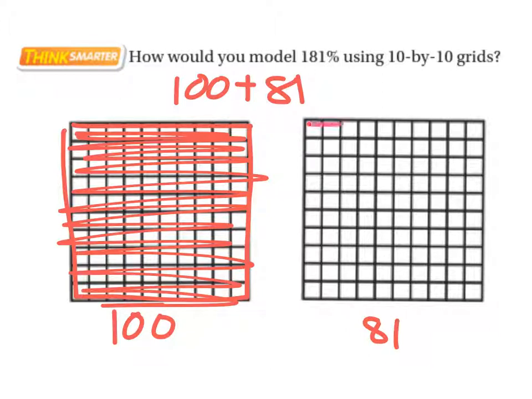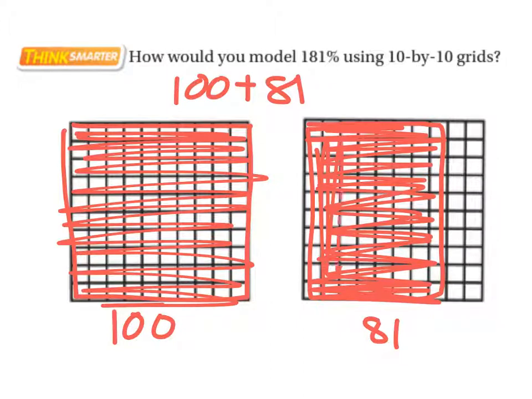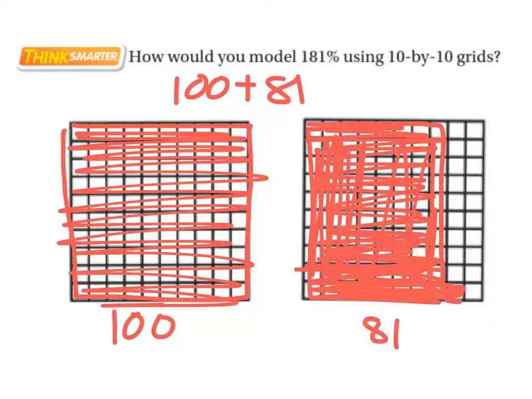And then I would represent 80. And then one single one right here. And that would be 181%. We don't see over 100% very often, but every once in a while we do.